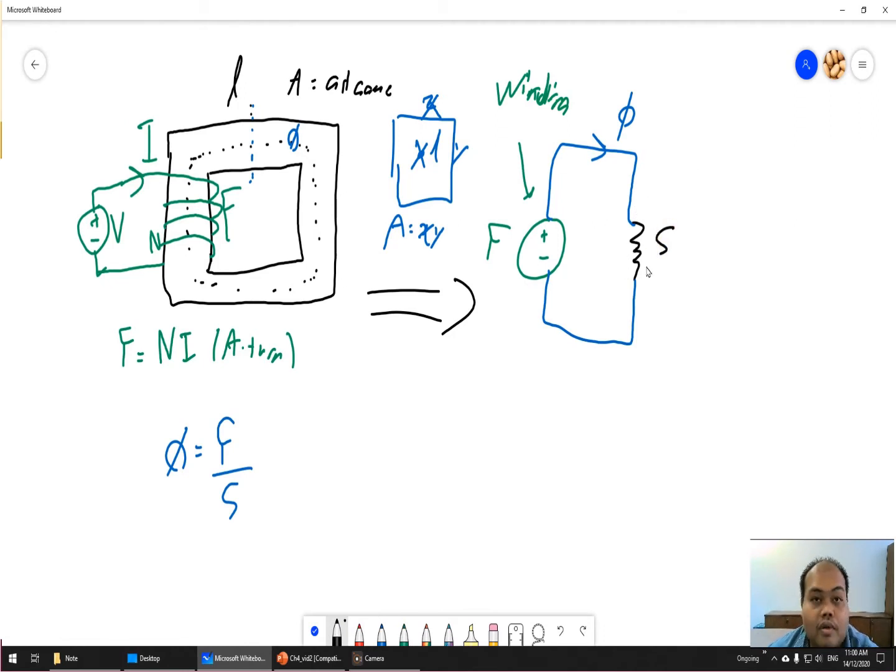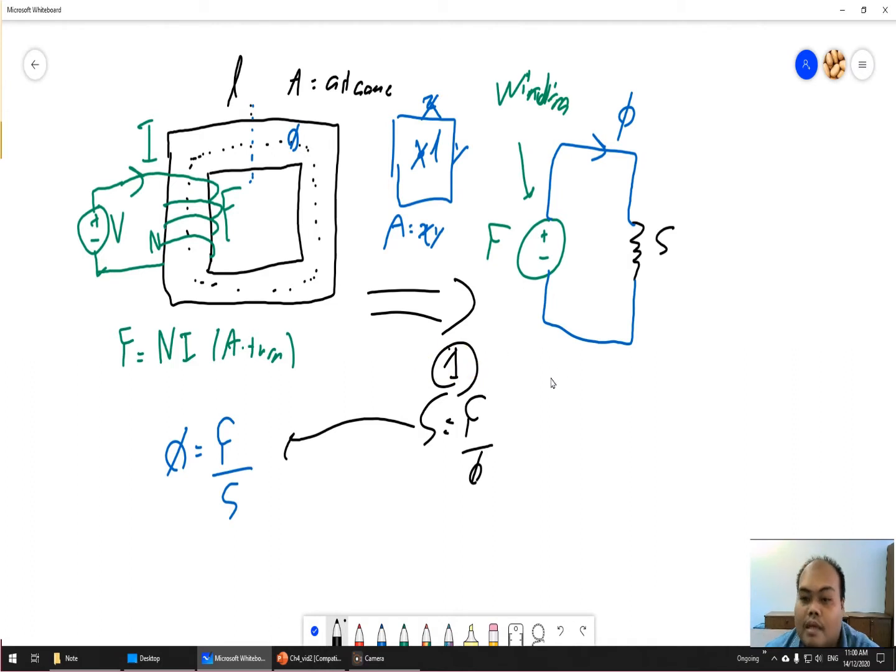So how do we calculate S? As you remember from the slide before, S is F divided by flux. That is the first formula.